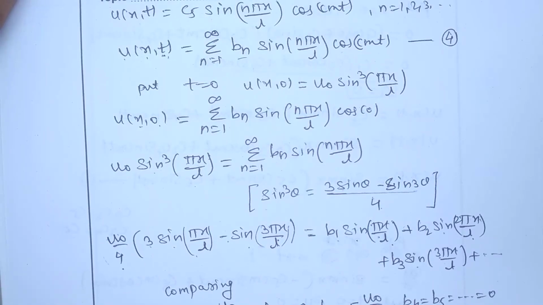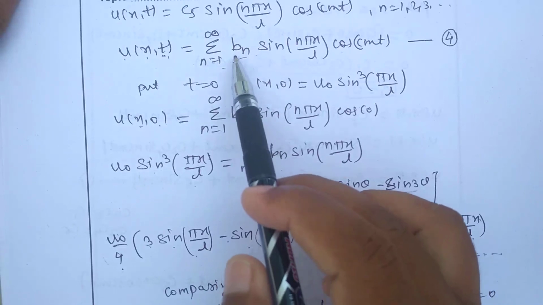Therefore, u of x comma t is equal to summation n from 1 to infinity. Put n equal to 1, you will get b1. The value of b1 is 3u0 by 4 into sin pi x by L into cos cmt, plus put n equal to 2, you will get b2.